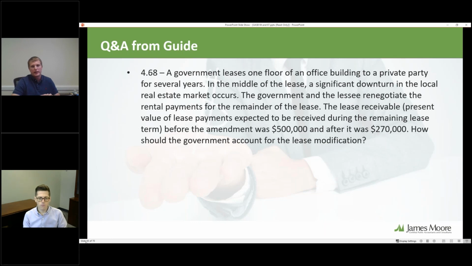How should the government account for the lease modification? So remember, we're going to remeasure prospectively. In this situation, it's going to be a remeasurement of the lease receivable and also the deferred inflow. The government's the lessor, so the receivable and the deferred inflow are just going to be reduced by the same amount of $230,000.